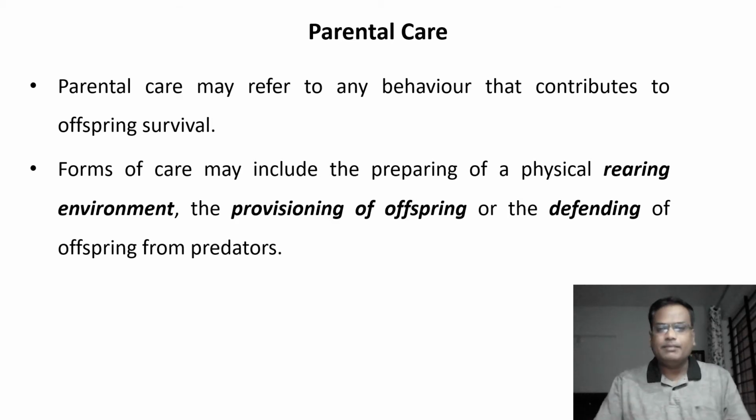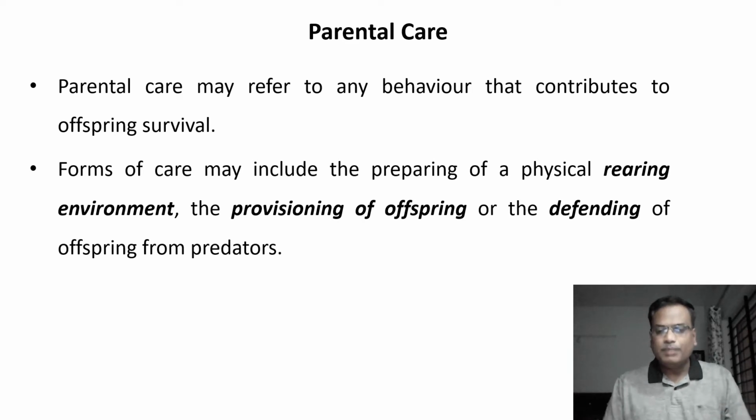The topic is very big. Parental care is a very vast field to understand and to study, because we have examples from each group. In each group we have hundreds of examples, but here in this topic we are studying it in a general manner, right? So what are the different forms of parental care? If you want to know, you can categorize it like rearing environment.